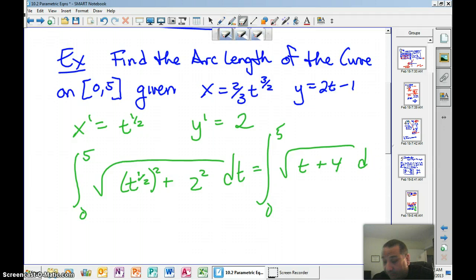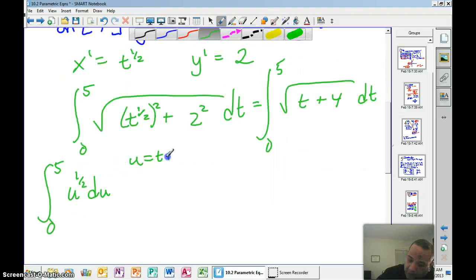Something's wrong with me. Now, I hope you know how to do that integral. If you don't, I will remind you a little bit. I'm going to set u equal to t plus 4, and I set du is dt, if you will.